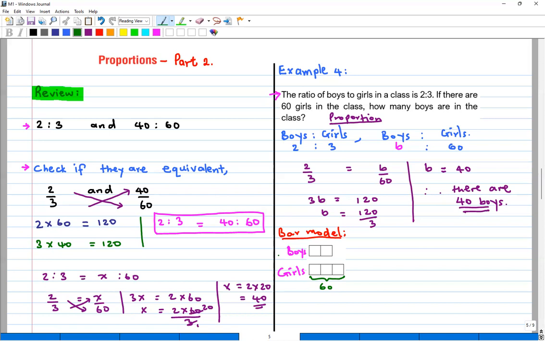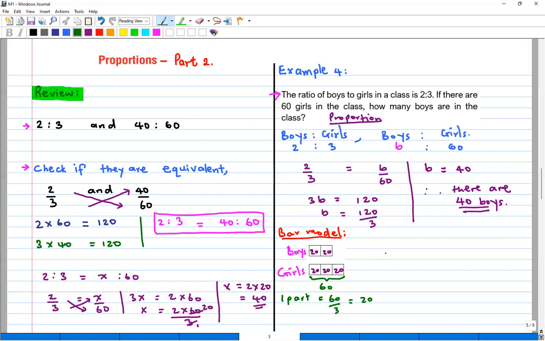Now, if 3 parts are equal to 60, what about 1 part? Each part will be 60 divided by 3, and this will be 20. So this is 20, this is 20, this is 20, this is 20, and this is 20. You see that?